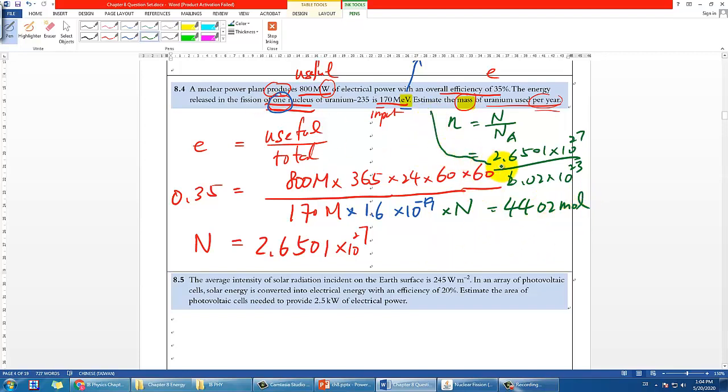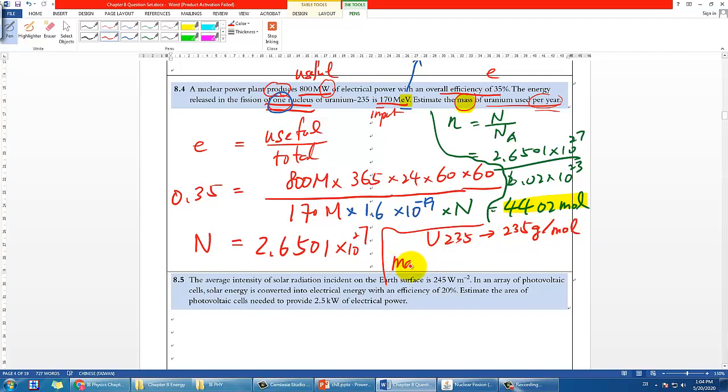However, after you find this, it is not even the end of it, because they want you to find the mass instead of mole, right? So you have to think about the fact that for uranium, it is uranium 235, it actually means that it is 235 gram per mole.